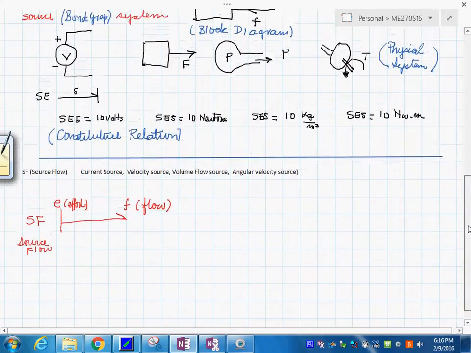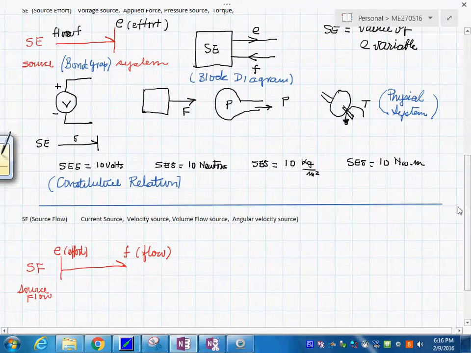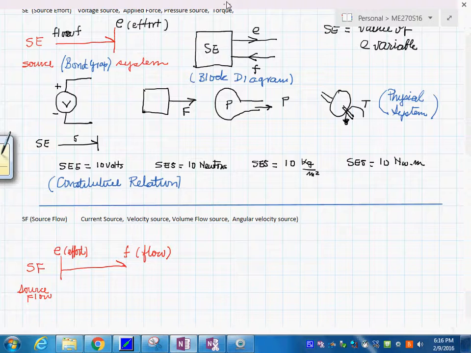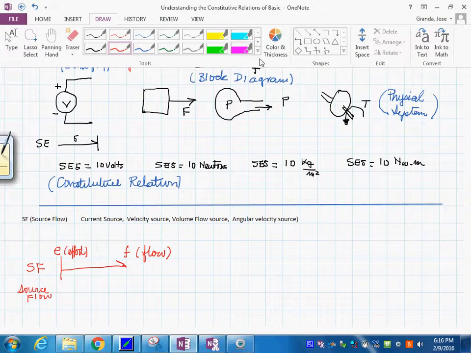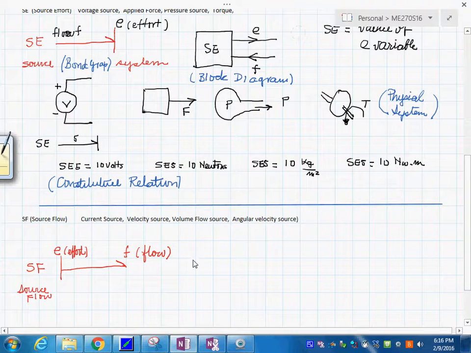So this is your bond graph model here. But the other one is we need a block diagram. So let's just write it down to be consistent. So this is my bond graph. And in here is going to be my block diagram.